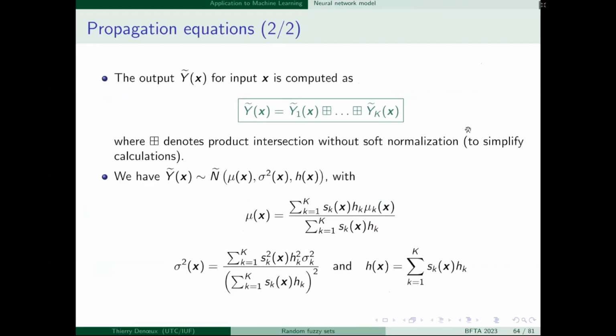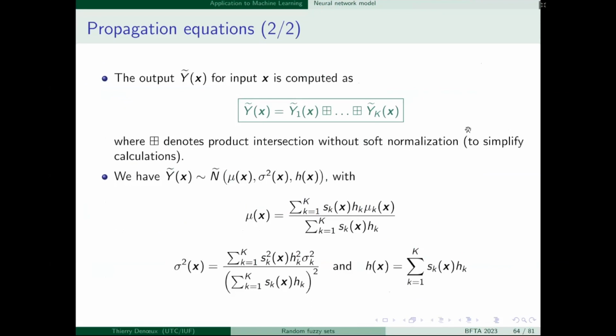So now we have those Gaussian random fuzzy numbers for each of the K prototypes, and we combine them. Actually here I take the product intersection, but I don't do the normalization that I explained before. This is to simplify the calculations. This is a simplification, and actually it works.